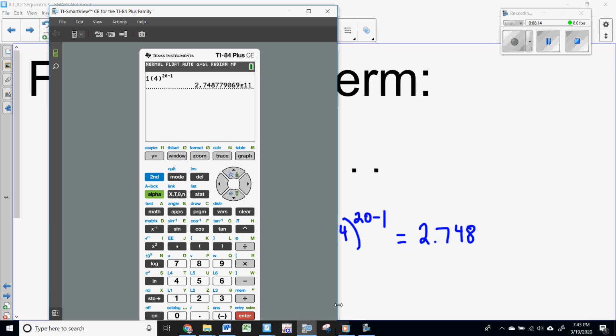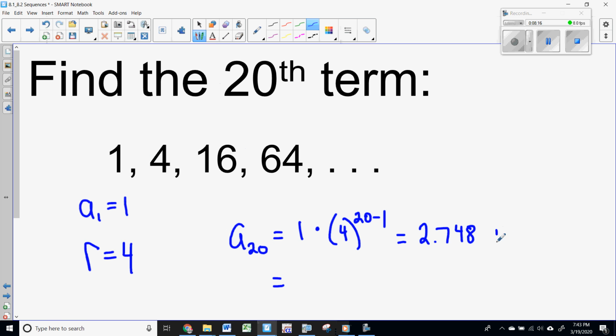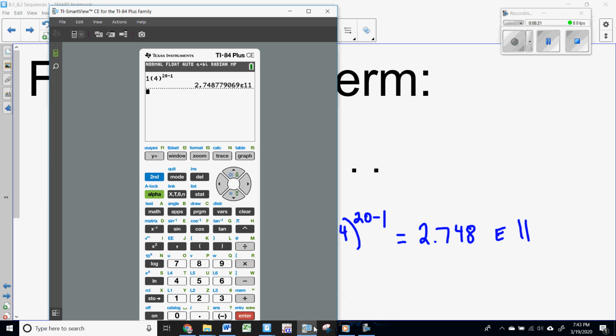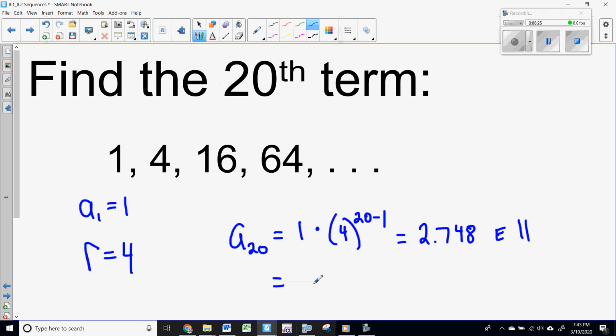And if you see the calculator, you see this little E11 at the end. What that E11 means is this is 2.748 times 10 to the 11th in scientific notation. A really, really big number.